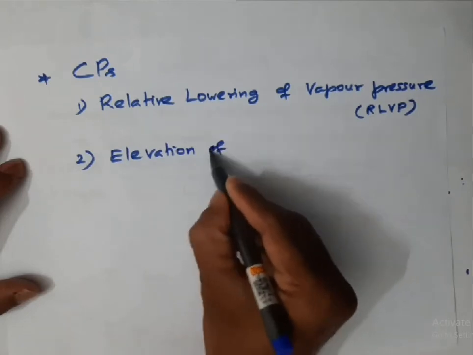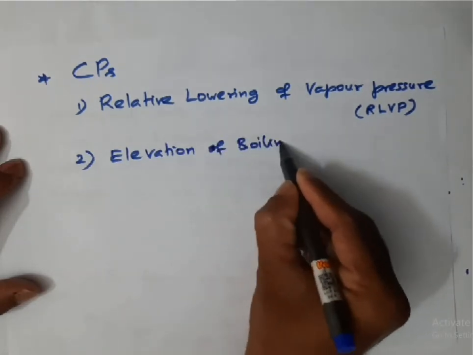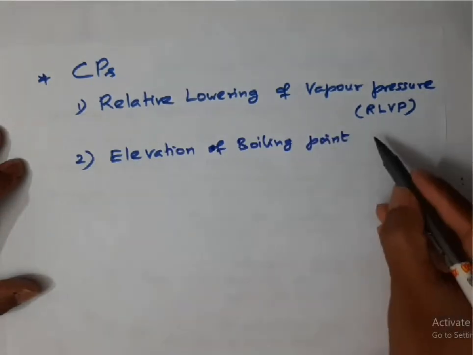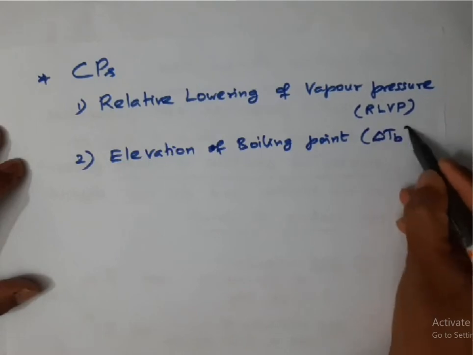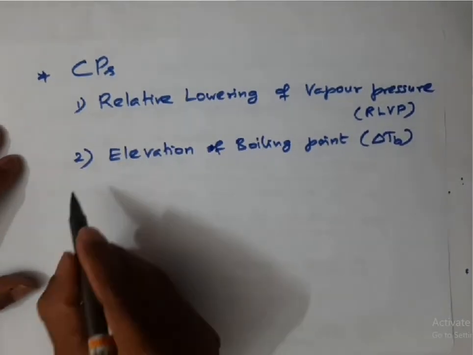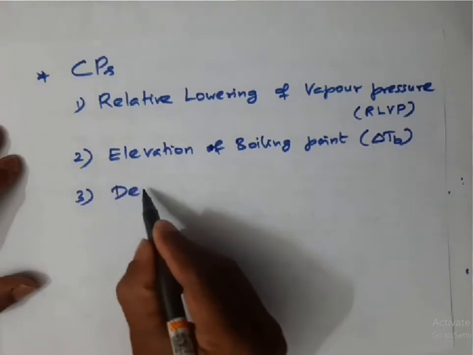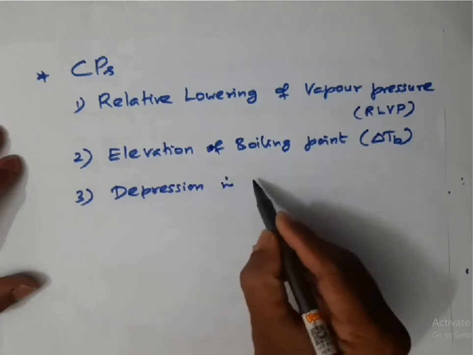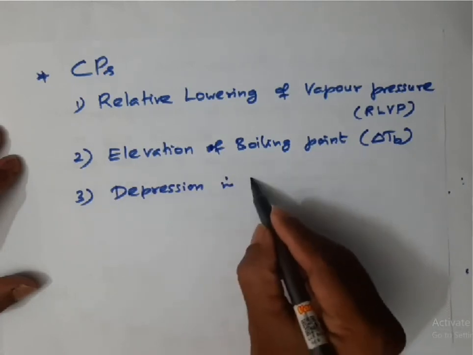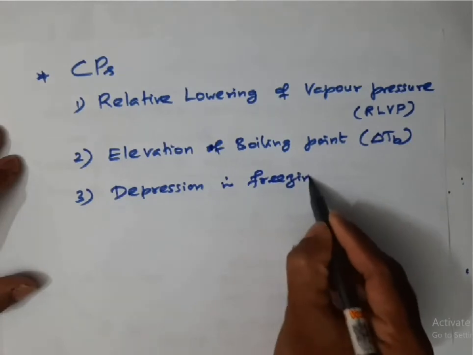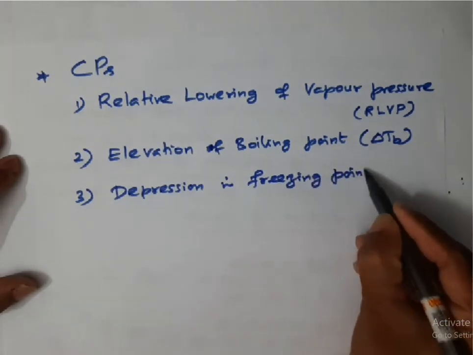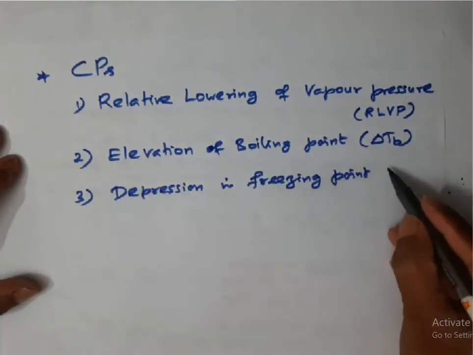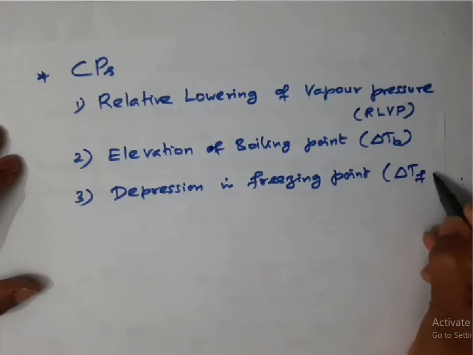Elevation of boiling point is usually represented as delta TB. Third one, depression in freezing point, which is usually represented as delta TF.